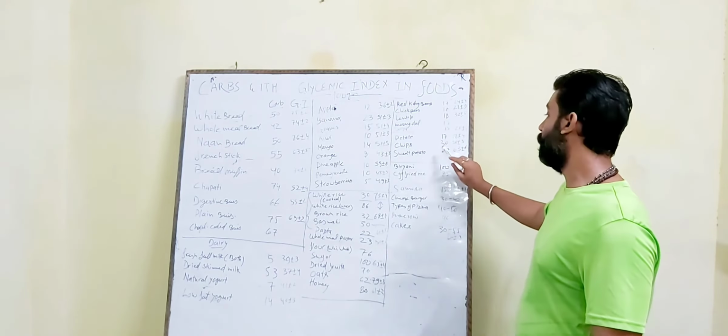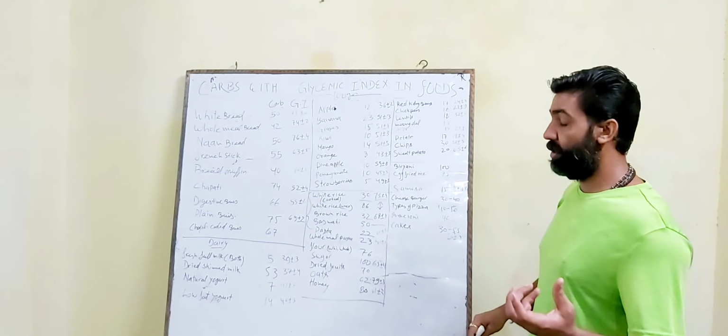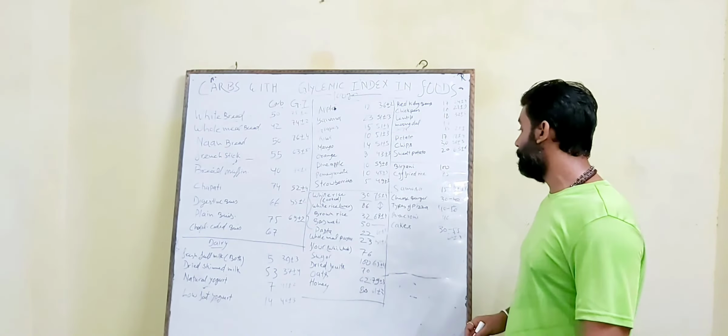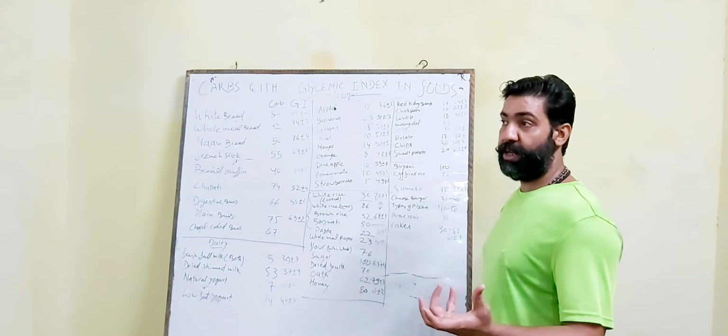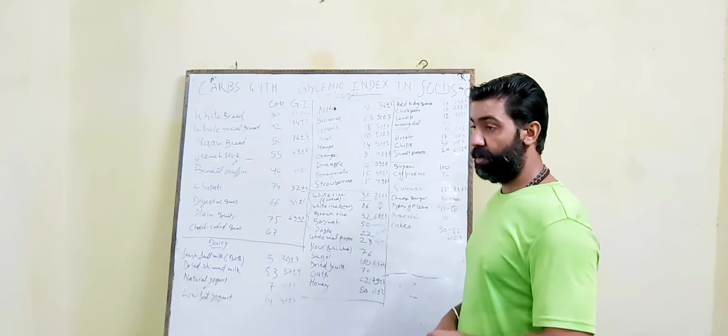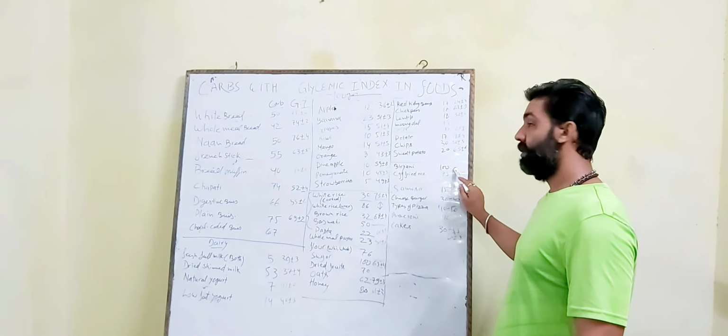Sweet potato has 20 grams of carbohydrates and a GI value of 63.